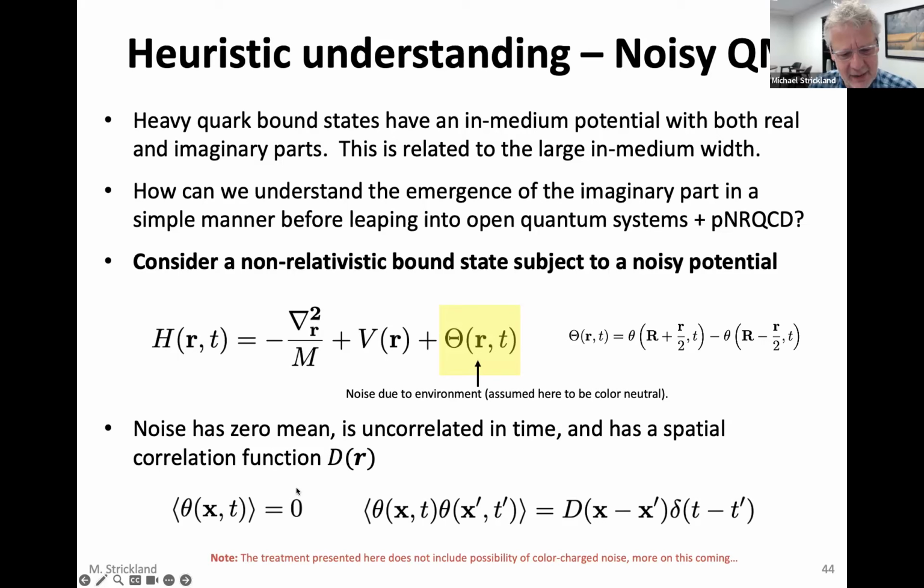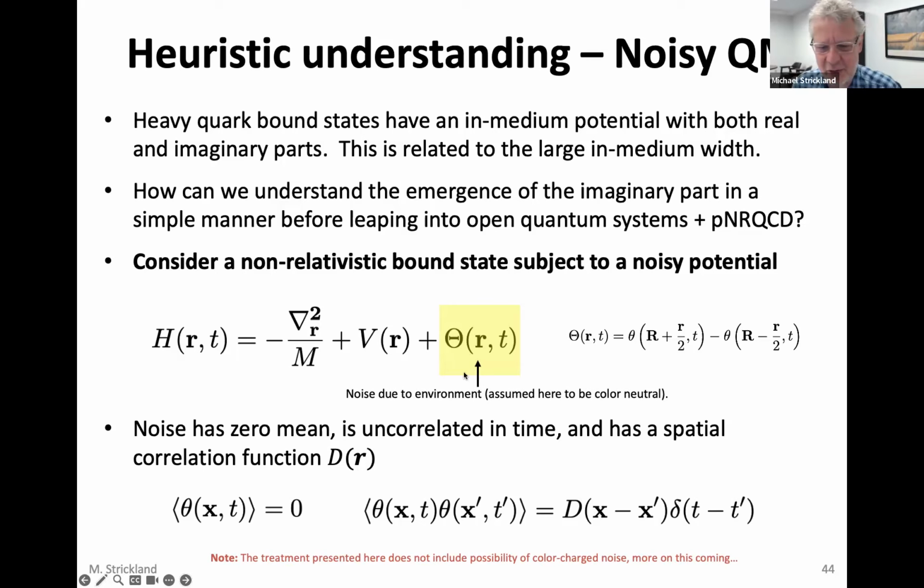So mathematically, these are the statements that the noise averages to zero if I average over the noise fields, and then it has some correlation because it's uncorrelated in time. There'll be some delta function here, but then it has some spatial correlation, which is expressed in terms of this D. Right, so this is the setup.